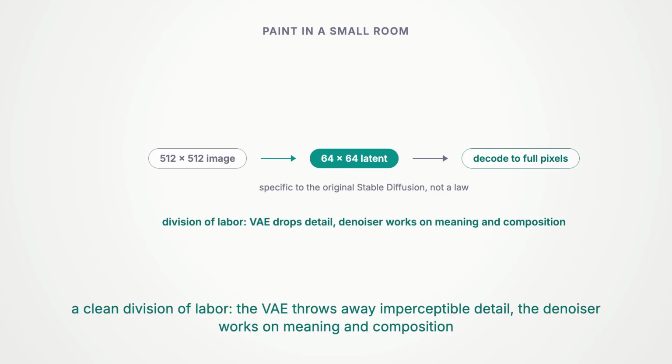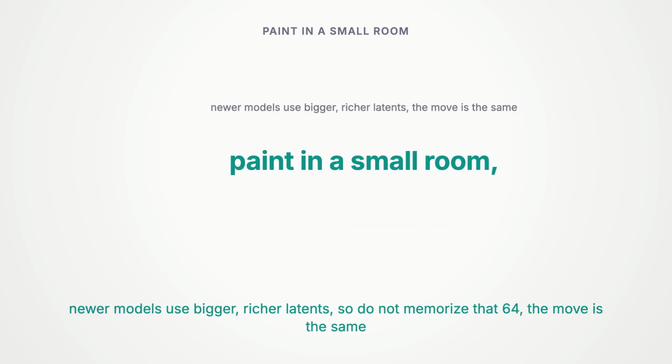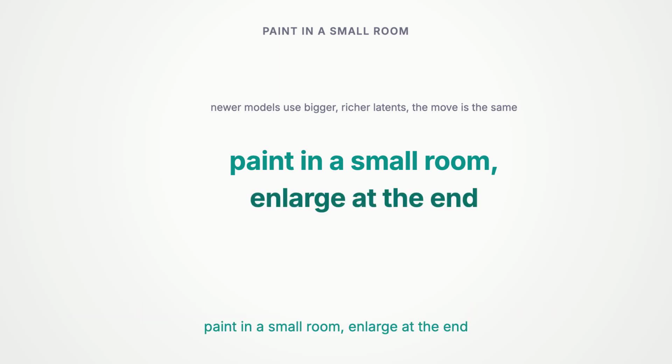The VAE throws away the imperceptible pixel-level detail. The denoiser gets to spend all its effort on the thing that actually matters, the meaning and the composition. Newer models use bigger, richer latents, so do not memorize that 64, but the move is the same. Paint in a small room, enlarge at the end.